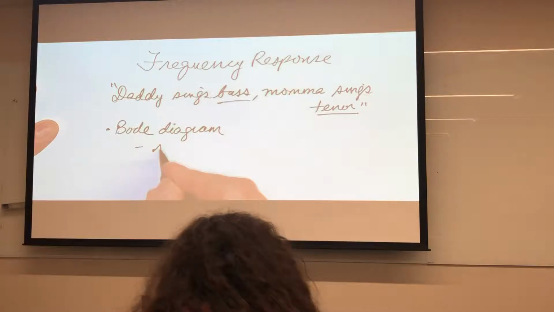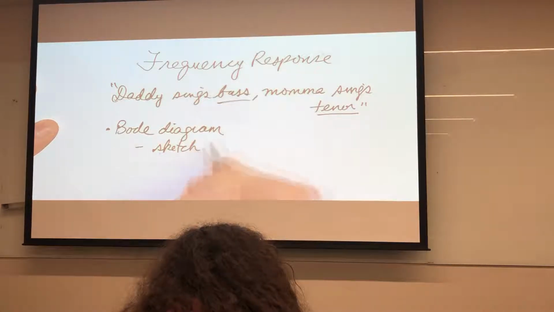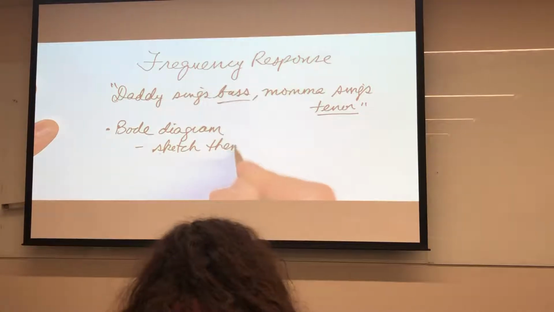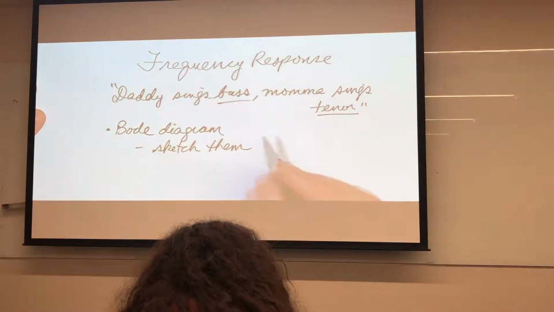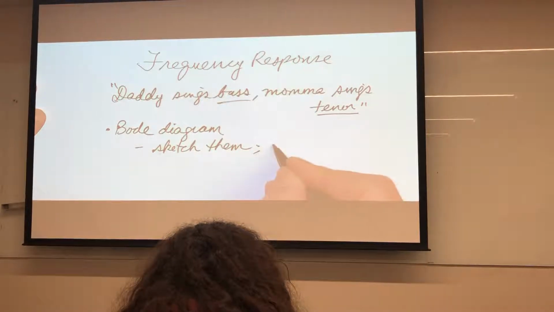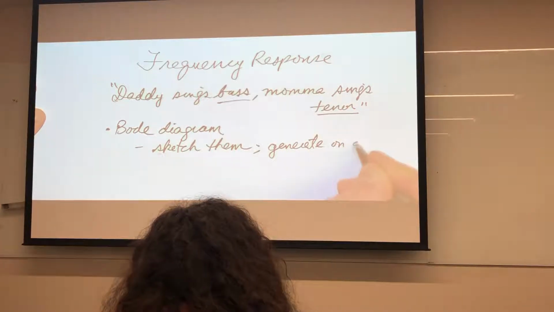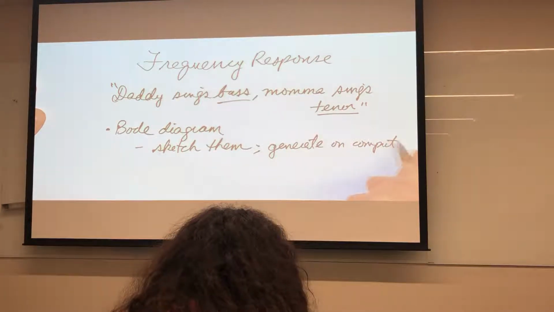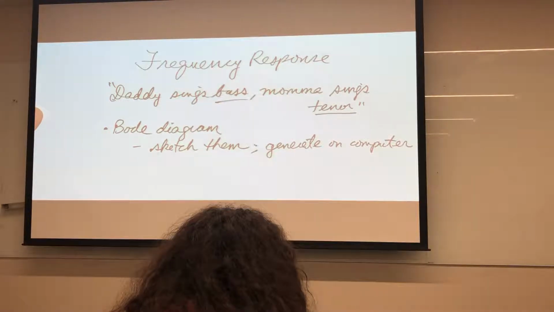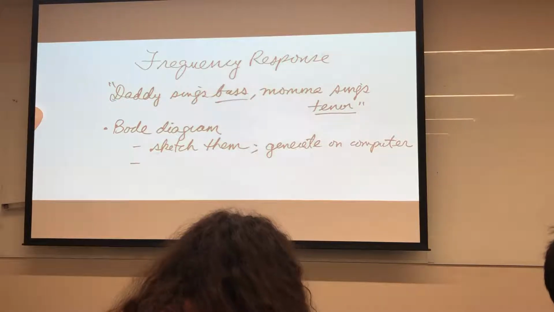And then what we want to do this semester is learn how to quickly sketch them. We want to learn how to also use the computer to generate them. There's an easy command to do this in MATLAB. There are some characteristics that we need to be able to read.